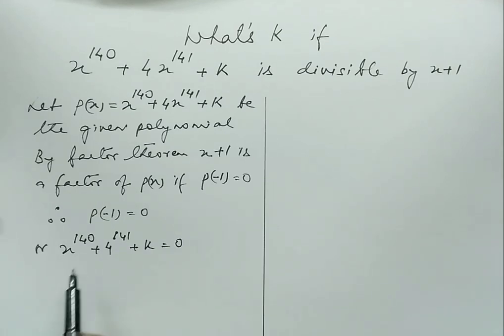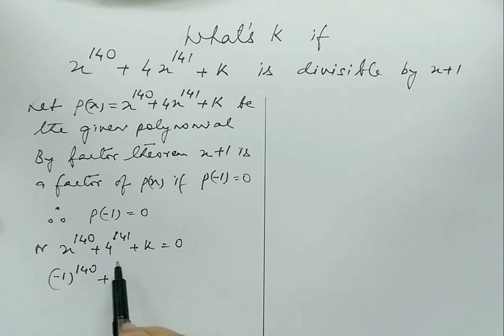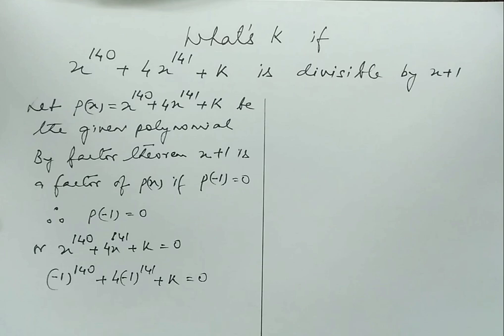Since our x is to be replaced by minus 1, we have minus 1 to the power 140, plus 4 times minus 1 to the power 141, plus k equals 0. We need to evaluate these two, correct?